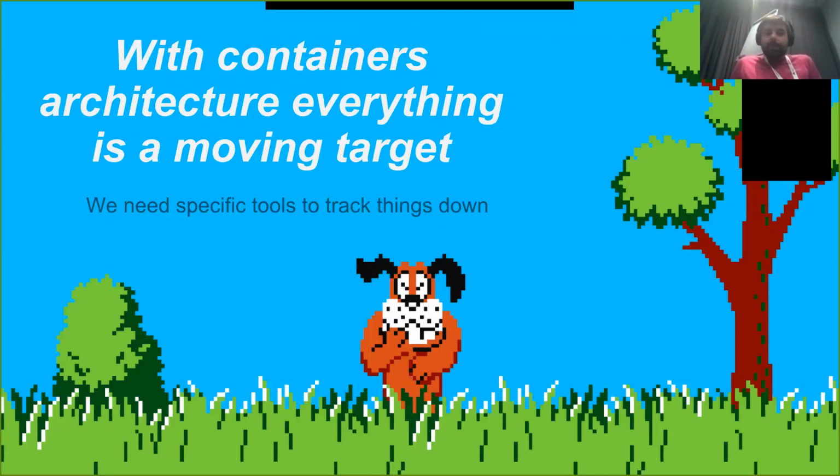You cannot predict where the things are going to be running, and it's a very different paradigm from common monitoring use cases with old infrastructure where all the services were pre-static. In this case, you need specific tools to track all the containers that are coming and going and to detect things.